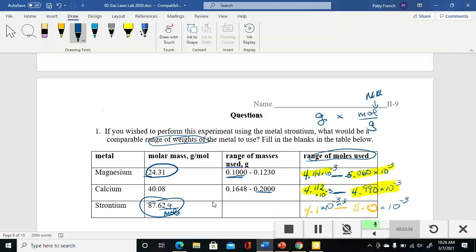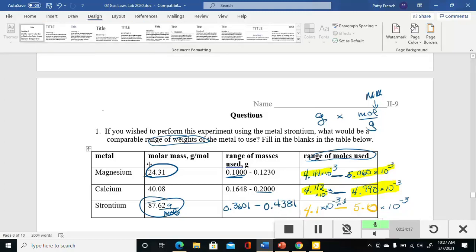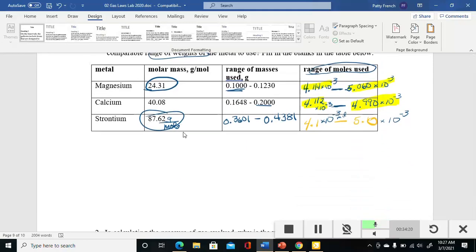And that is 0.3601. Going to do it with the upper end of our range. It's 0.4381. So that's what we do with this. And of course, you're going to have to do all the calculations out to make sure I'm right for your quiz.